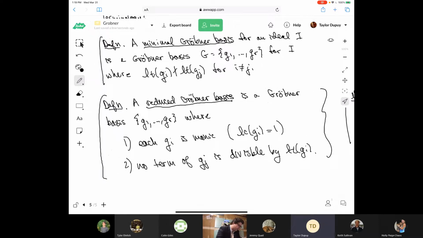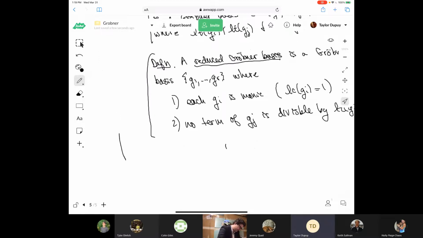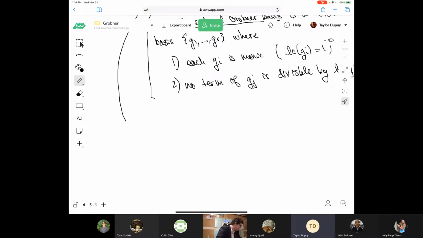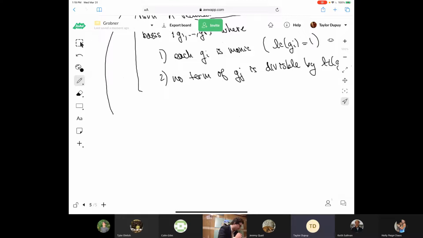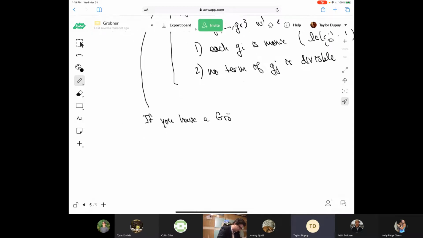So a minimal Groebner basis, you can just get rid of junk. Let's just say this is a fact here.